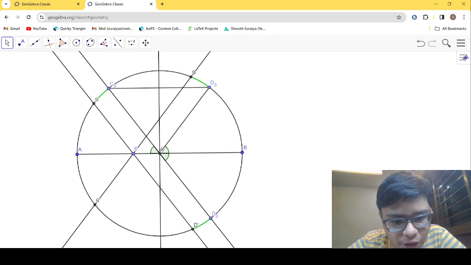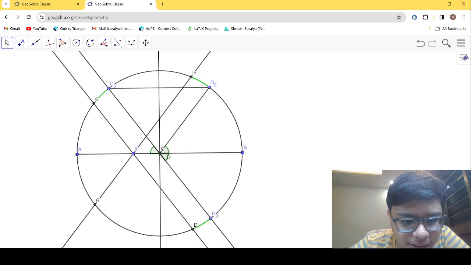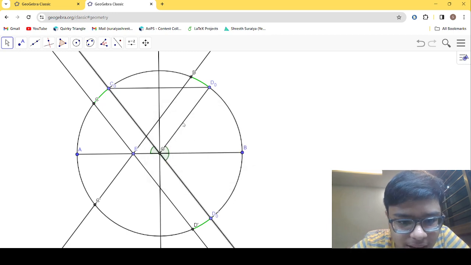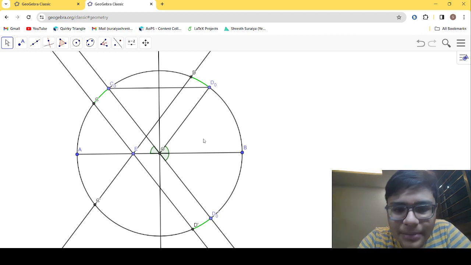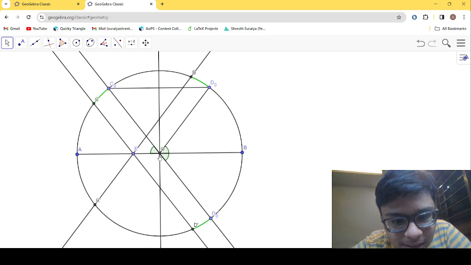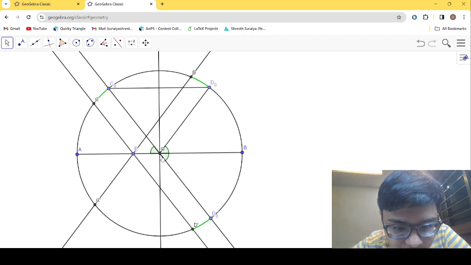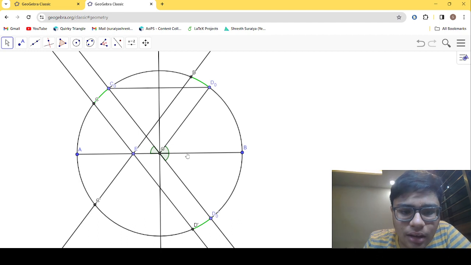Like if you extend C naught beyond O to some point D naught dash, okay, then these two lines, so this line and this line, make the same angle from the diameter, which means that this segment OD naught dash, so this radius segment right there, and this segment are basically reflections of each other, which means that D naught dash is a reflection of D naught under line AB.